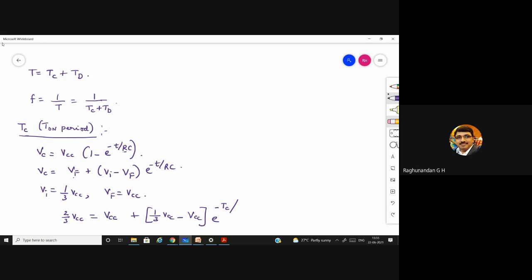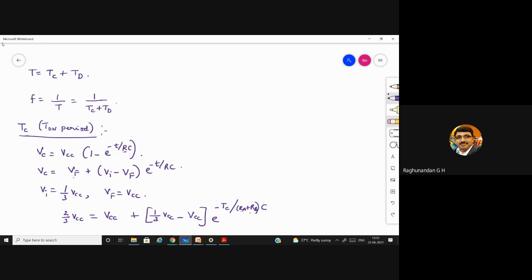Since the capacitor charges through two resistors, acting as the path for the capacitor to charge, we take Ra plus Rb into C. We need to take the sum of these two resistors.